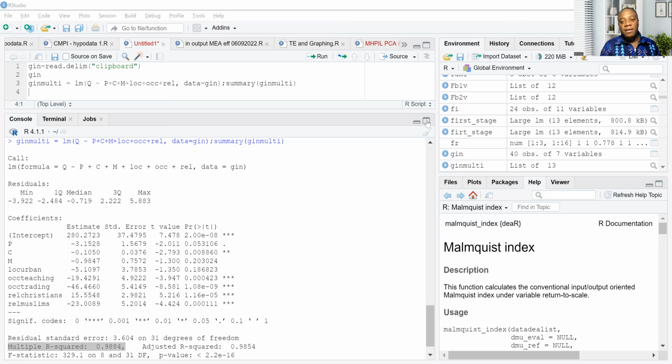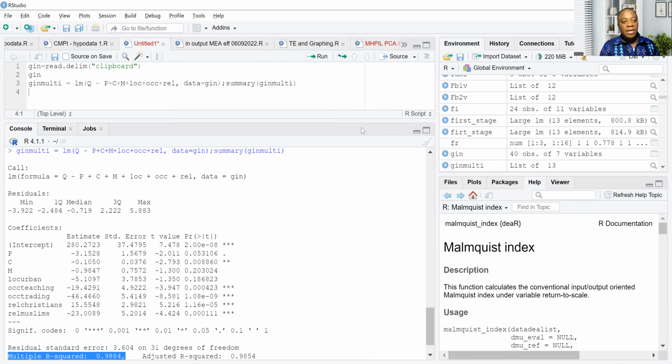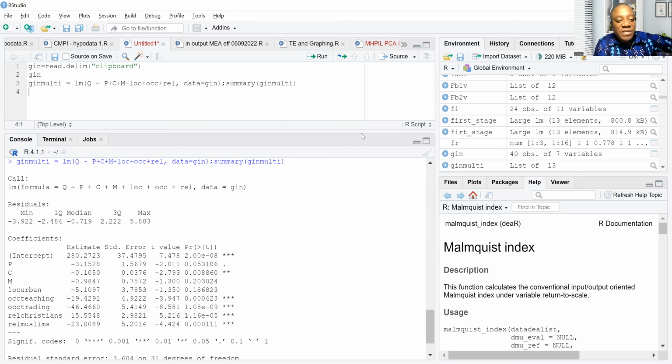So pay attention. So the question is, are the coefficients jointly significant? That's the question in hand.